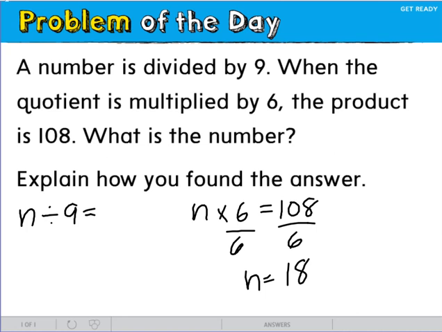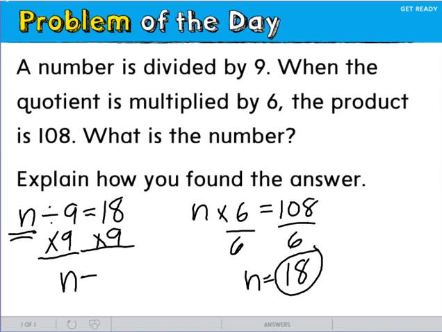Here's the problem though. This is the answer to this problem. The number that we were looking for initially, divided by 9, will give you 18. So now I have to multiply 9, and our number that we were supposed to begin with is 162.